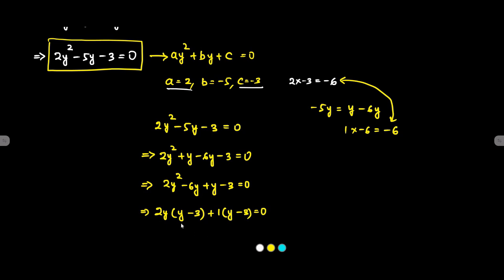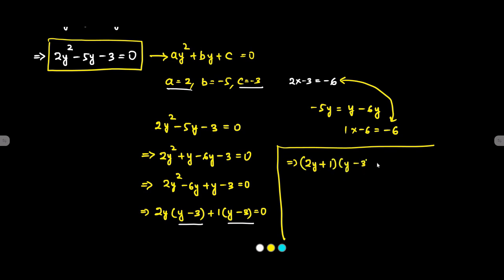So here also y minus 3, here also y minus 3. That implies (2y plus 1) into (y minus 3) is equal to 0.